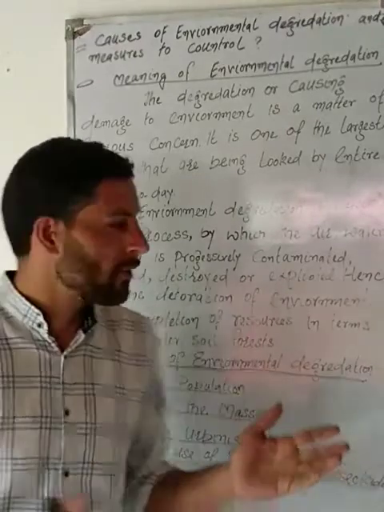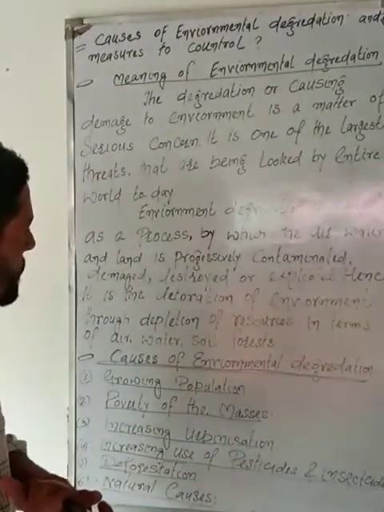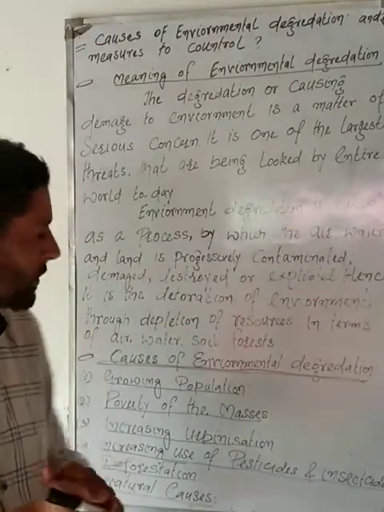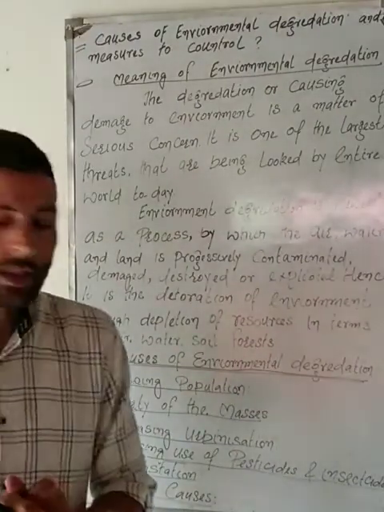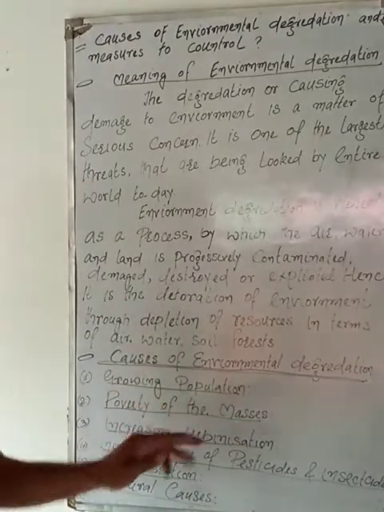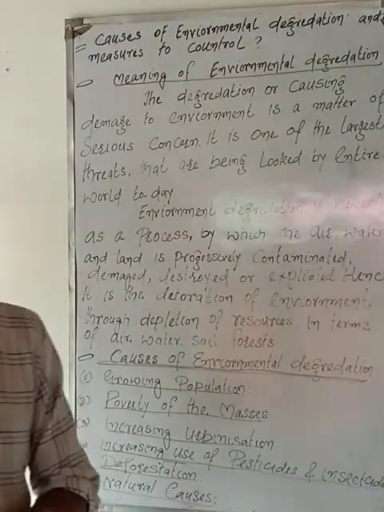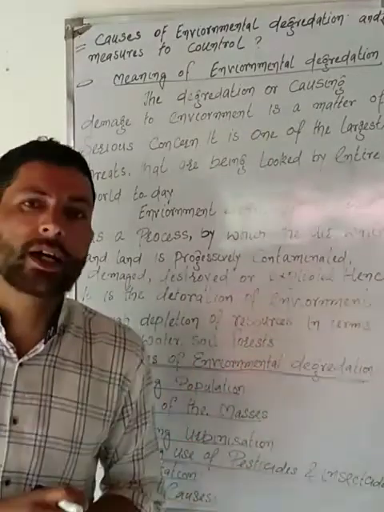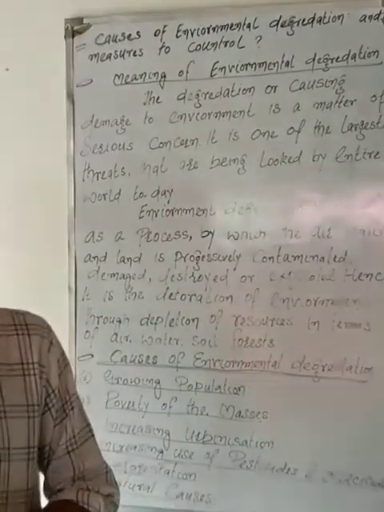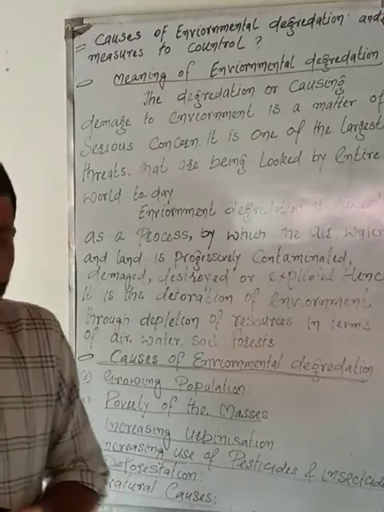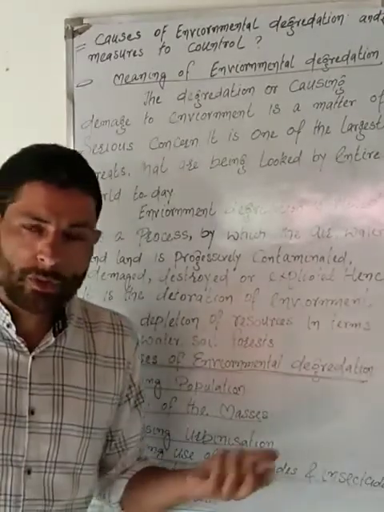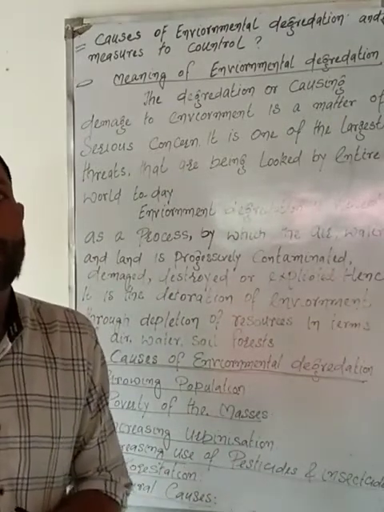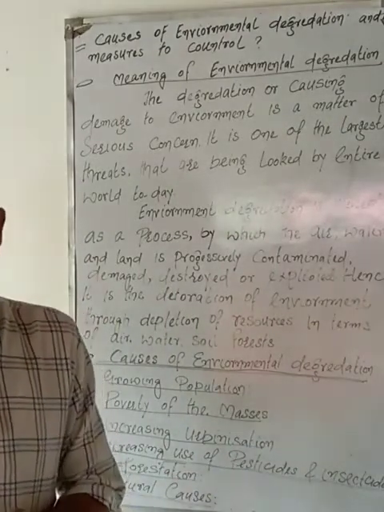The first and the foremost cause of environmental degradation is the growing population. It is viewed as a major cause of the environmental degradation. You know, environment is degraded or deteriorated, or it is depleted.